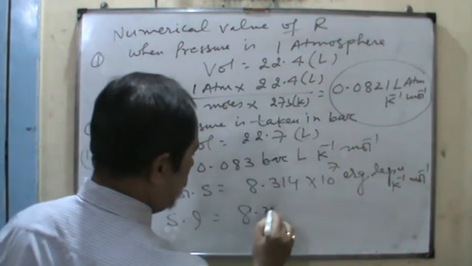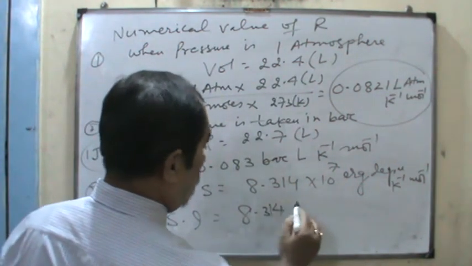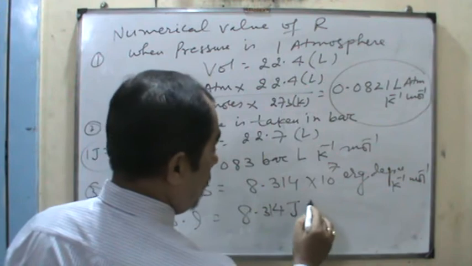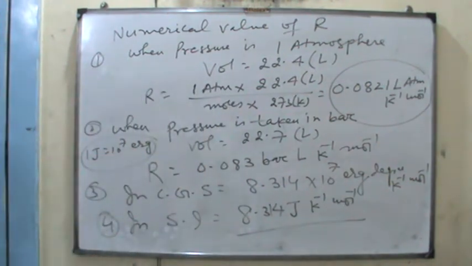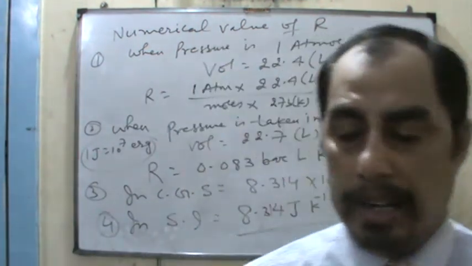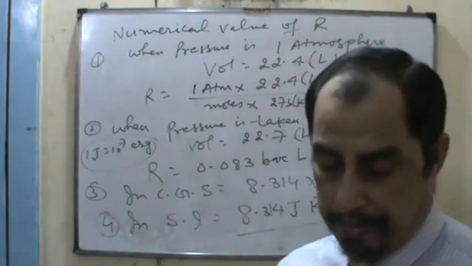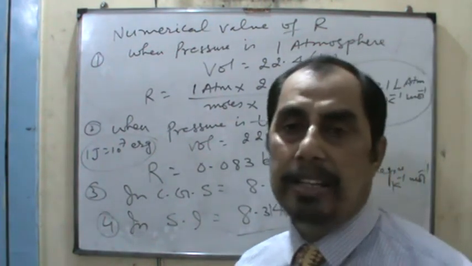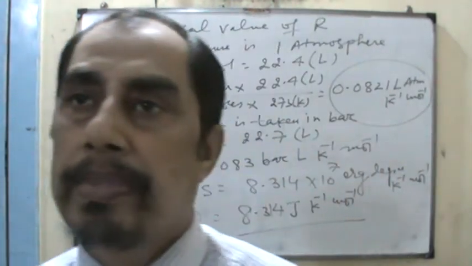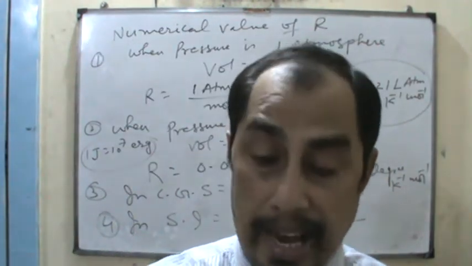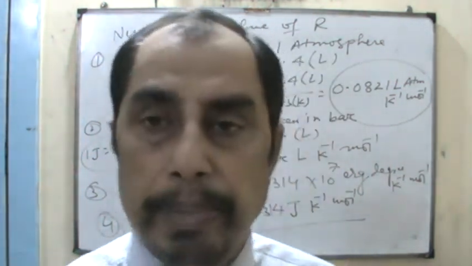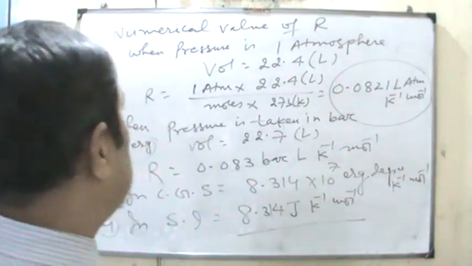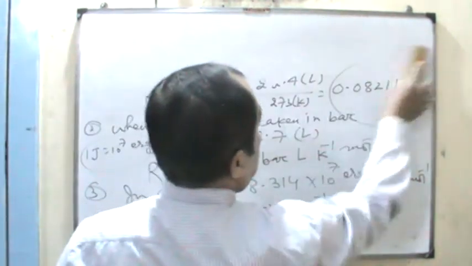Therefore, 8.314 joule Kelvin inverse mole inverse. So this is the way we remember the value of R at different parameters. This covers Boyle's law, Charles' law, Avogadro law, ideal gas equation, and the unit and numerical value of R.